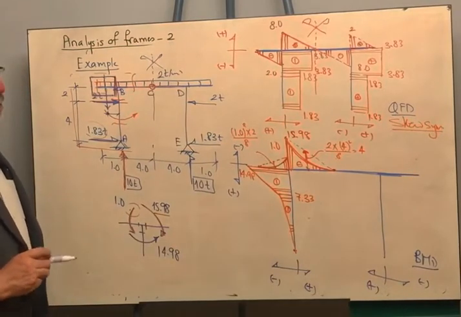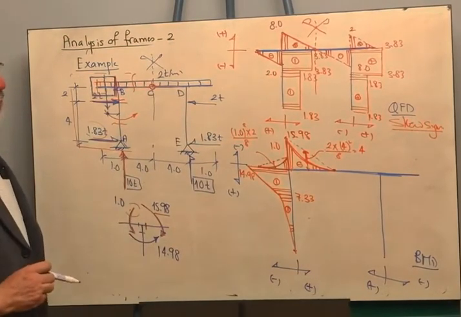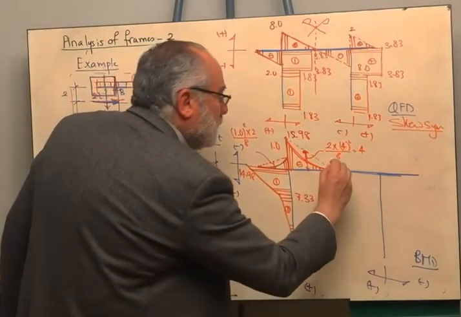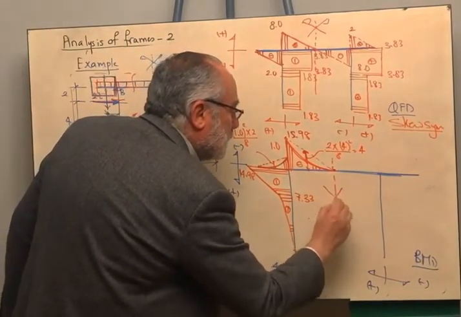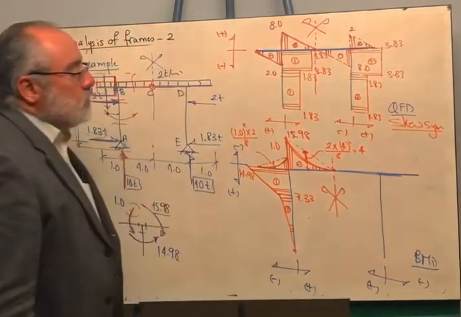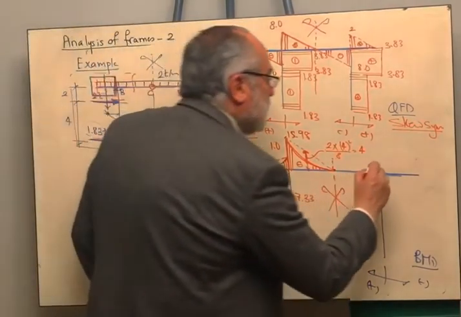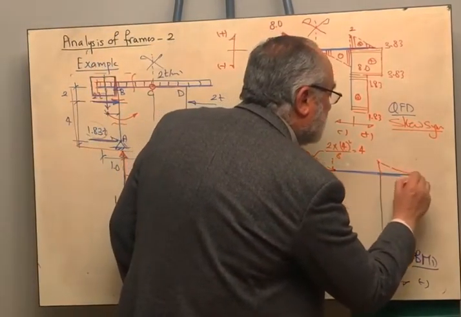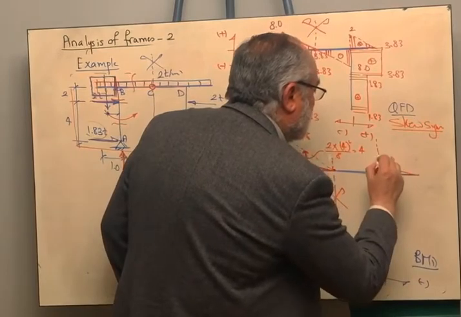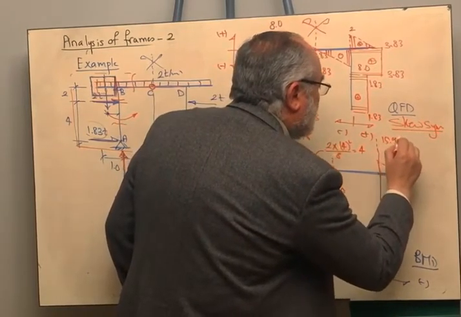Again, you will notice that the bending moment, similar to the normal force, is symmetric. Which means that if you try to draw the other side, it will be like this. This is 1, and this is 15.98.